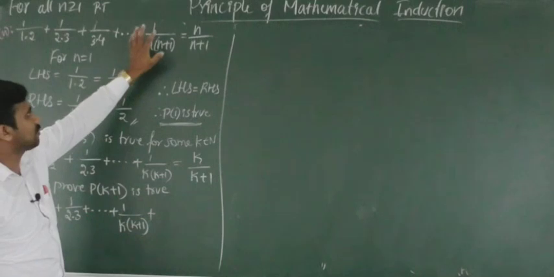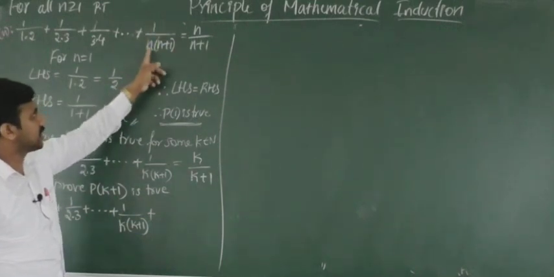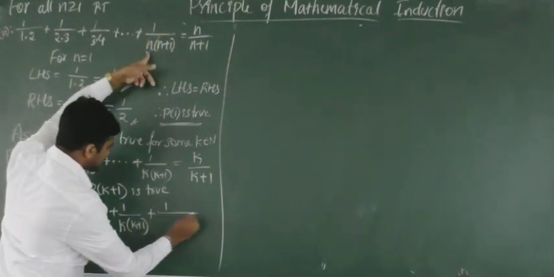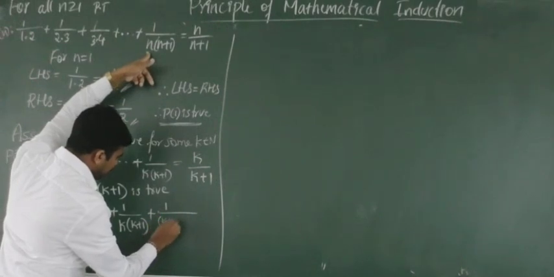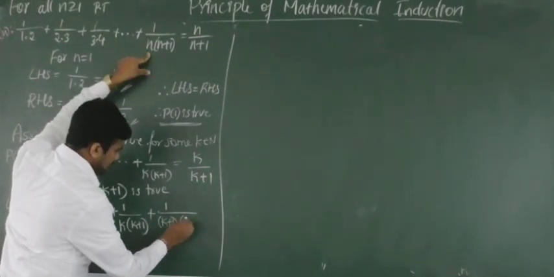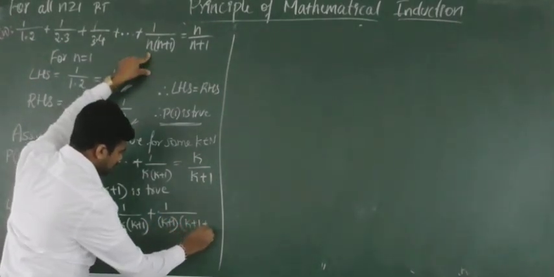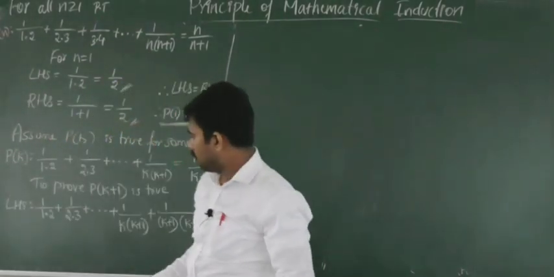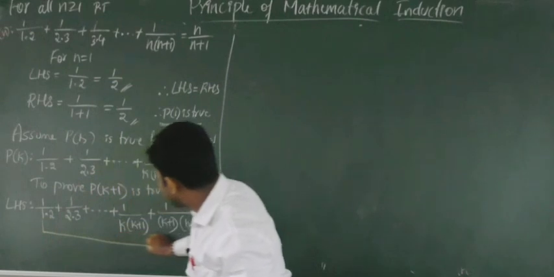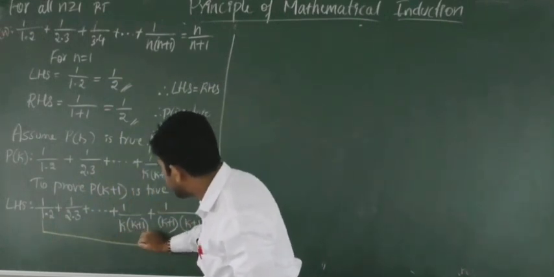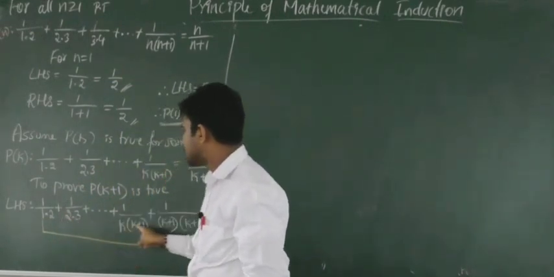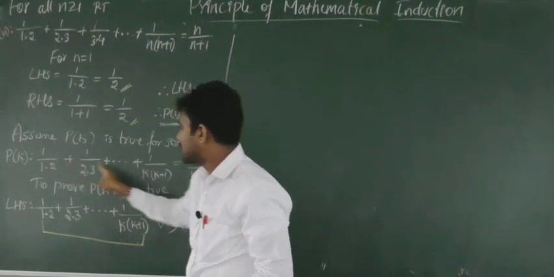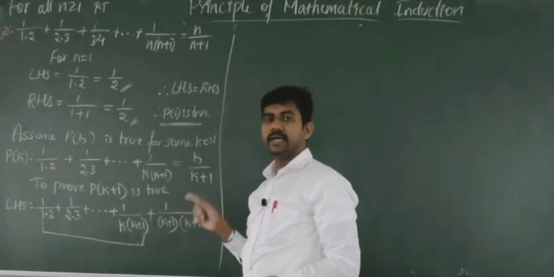What is the k plus 1th term? This is the nth term, so if you write in place of n as k plus 1, we'll get the k plus 1th term. Now by our assumption we know the value of the first k terms, that is k divided by k plus 1.